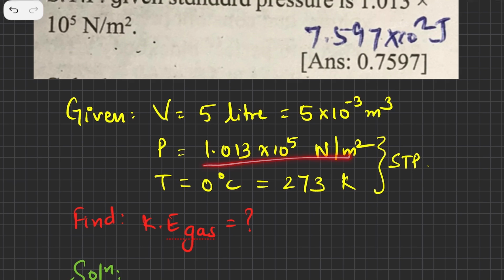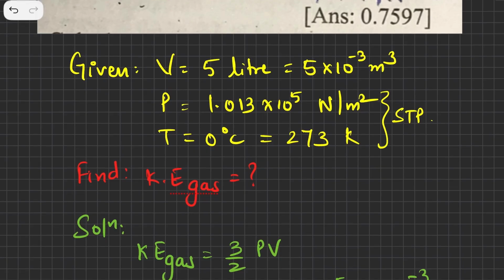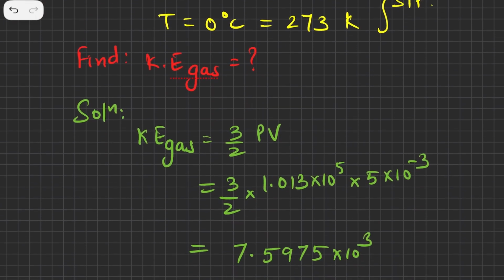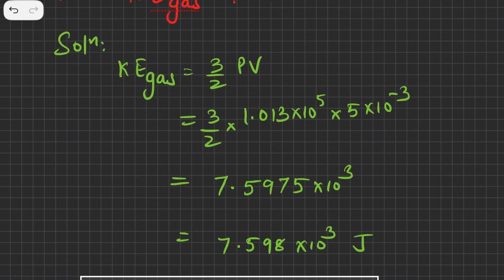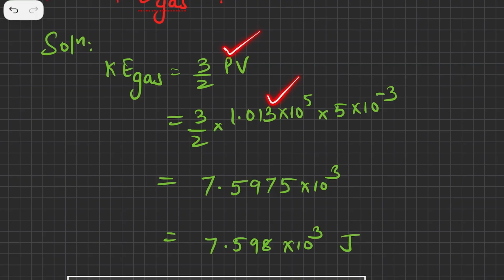Pressure is given to us, temperature is 0 degrees Celsius, that is 273 Kelvin, and that is at S.T.P. Asked is kinetic energy of gas. Now this is one of the formulas which we have derived in previous videos. In case you haven't gone through those videos, I would request you to please go and look at those videos where I have derived this equation, 3 by 2 PV. So I'll put the value of P, I'll put the value of V and solve it, and I'll get this value.